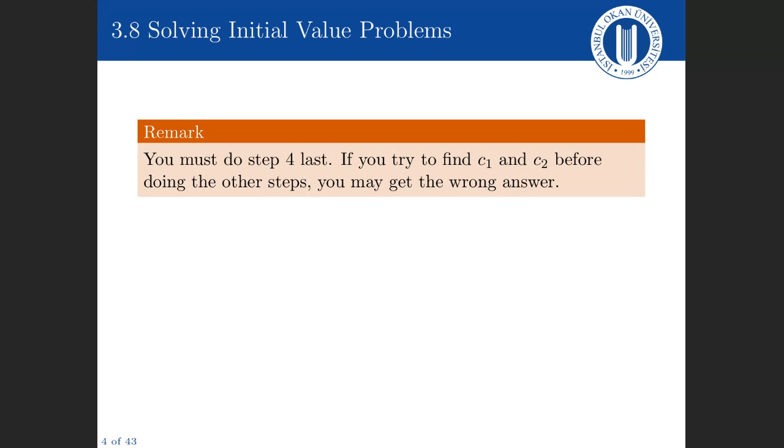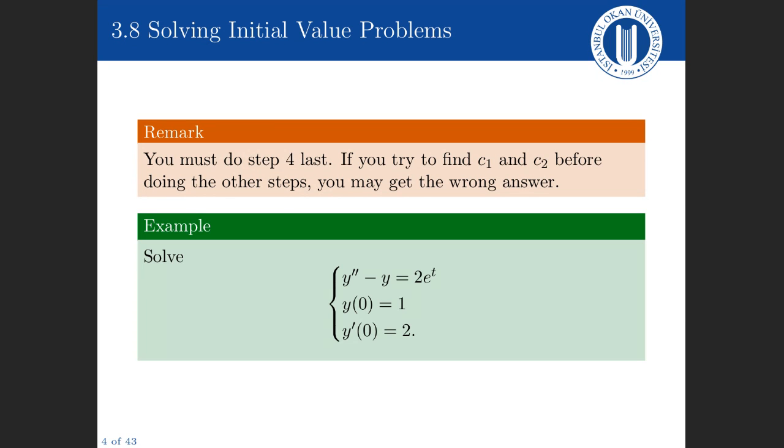First, we need to find the full general solution to the non-homogeneous equation, and then finally we find the constants. If you try to find the constants too early, then you're probably going to get the wrong answer, which I want to show using this example.